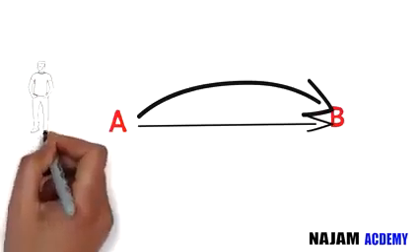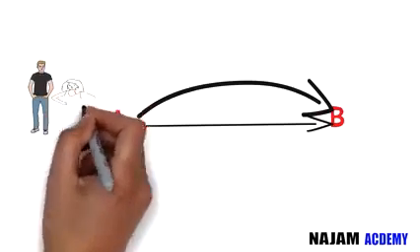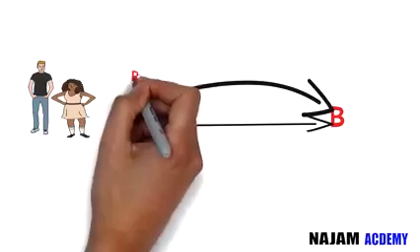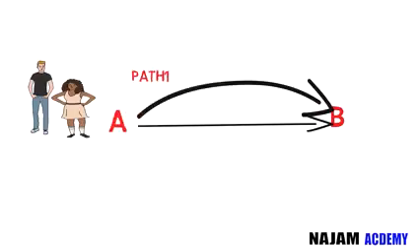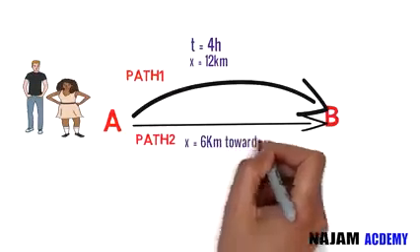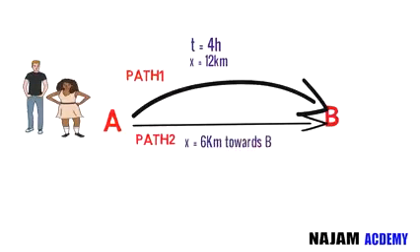Now Peter and Sarah are standing at A. Let's consider Peter is moving by path 1 to B and covering 12 kilometers distance in 4 hours. Now Sarah is moving 6 kilometers towards B. Sarah is covering the displacement of 6 kilometers towards B in 3 hours.